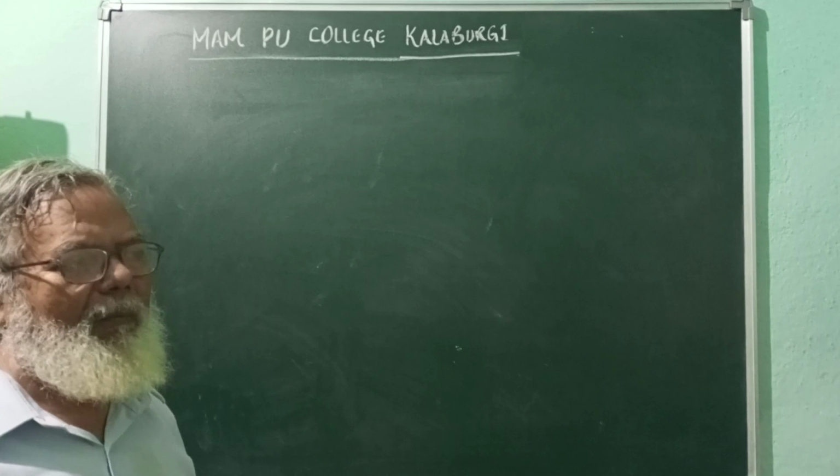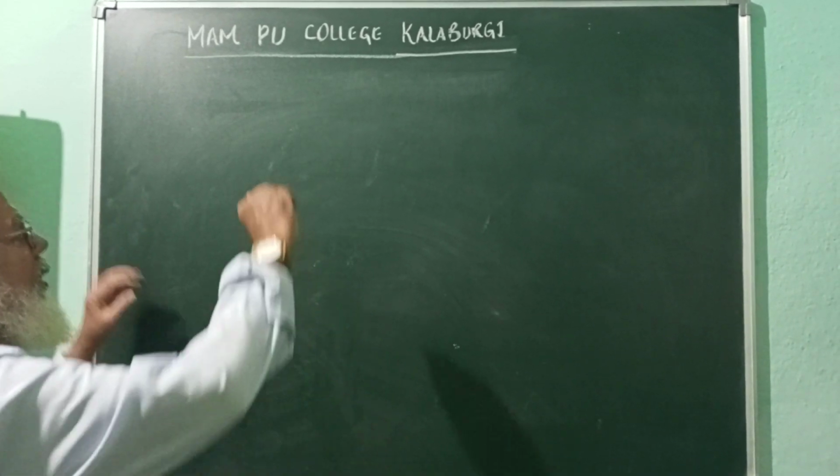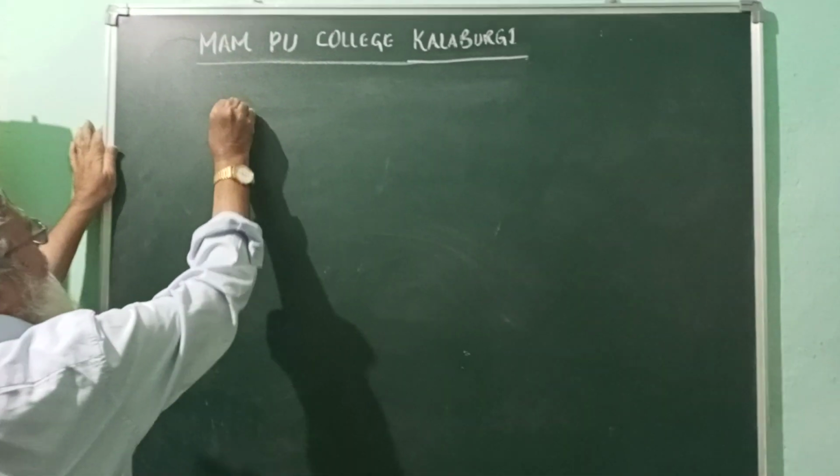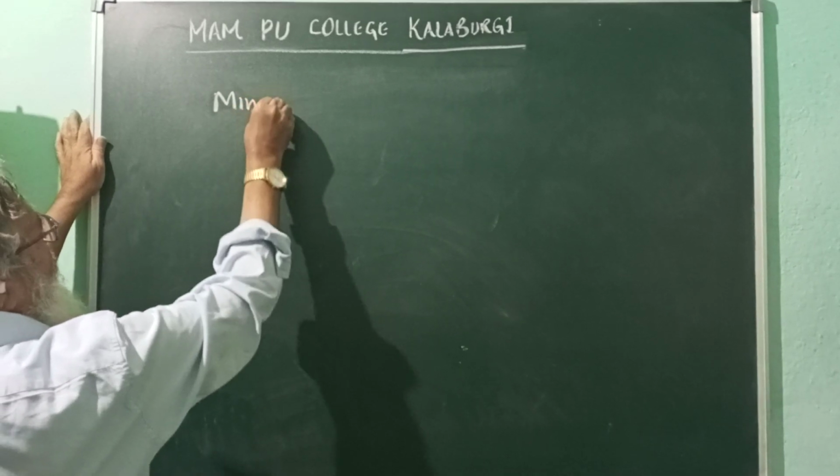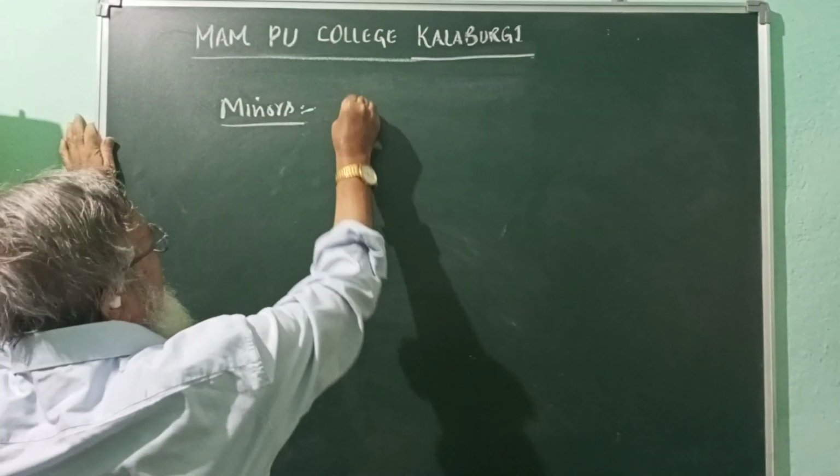What is the meaning of the minor of a square matrix?